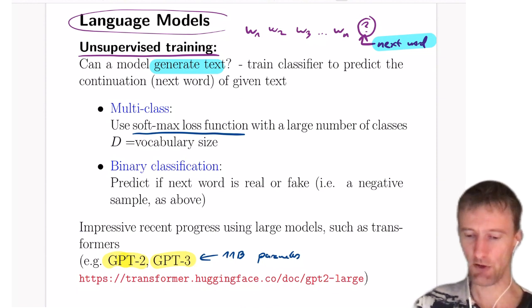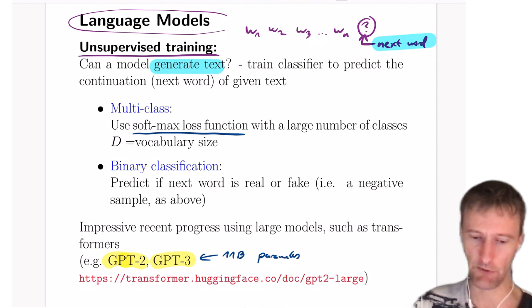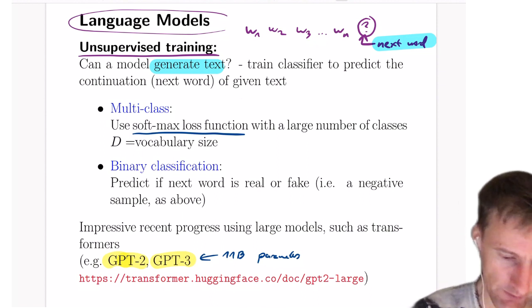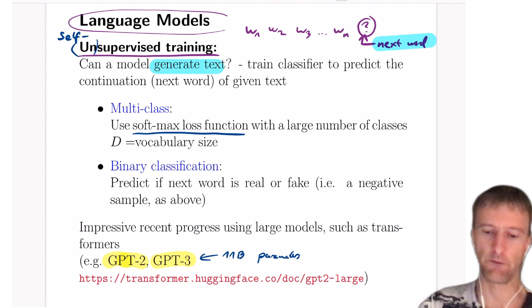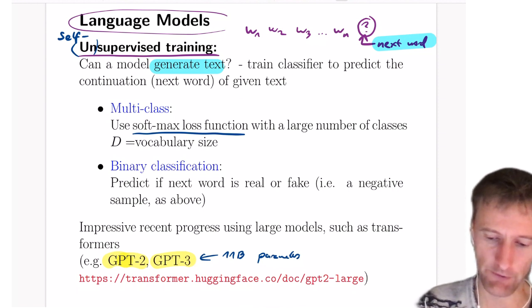And because you have so much text, this fake training task, which is a self-supervised training task, manages to train these models in a meaningful way. You can call this either self-supervised or unsupervised, because it defines a way to train itself on the next word, and that's what it's all about, right?